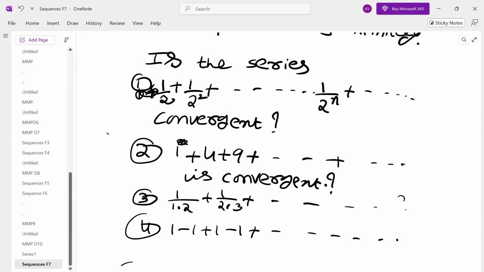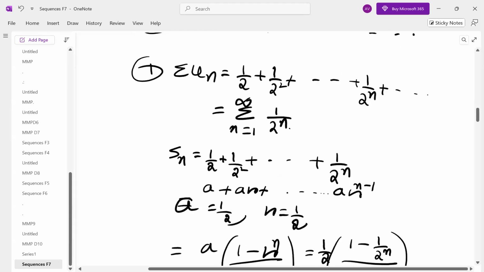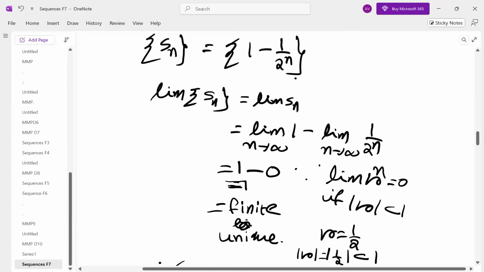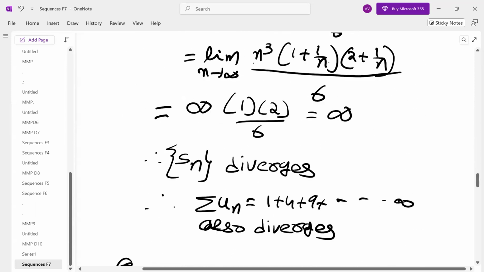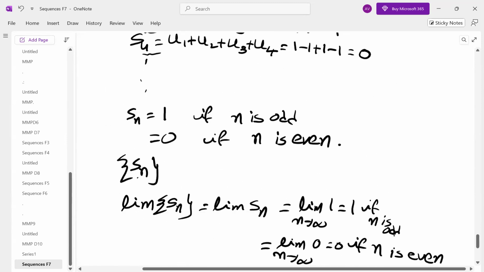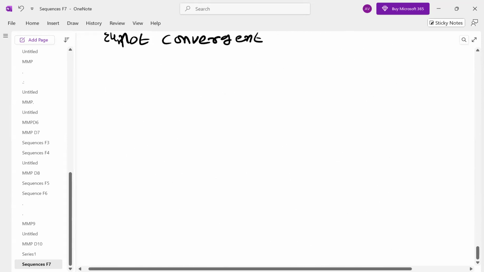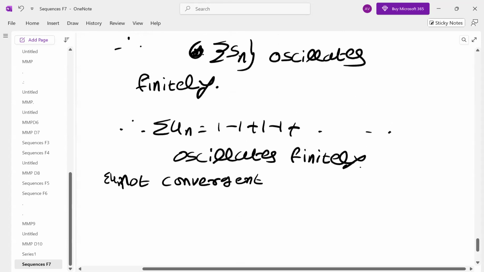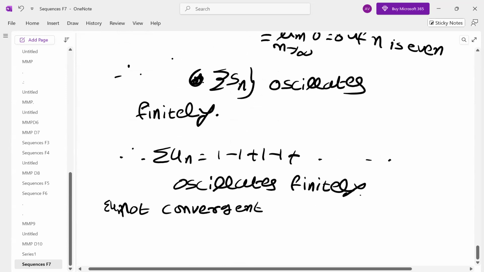Now we want to find an alternative, because all questions cannot be solved using this methodology. This is a basic concept. Suppose I have one problem: 1 plus 1 by 2 plus 1 by 3 plus 1 by 4, like that up to 1 by n.